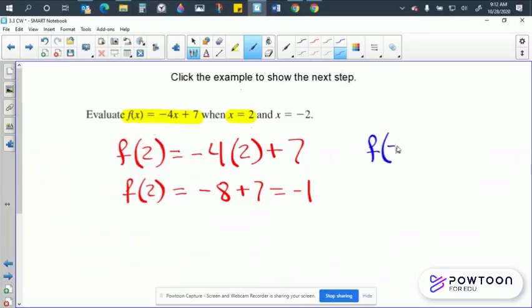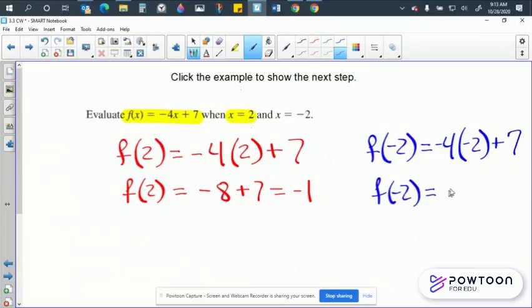Now you try the process for f at negative 2. And that should be negative 4 times negative 2 plus 7. F at negative 2 equals 8 plus 7, which equals 15.